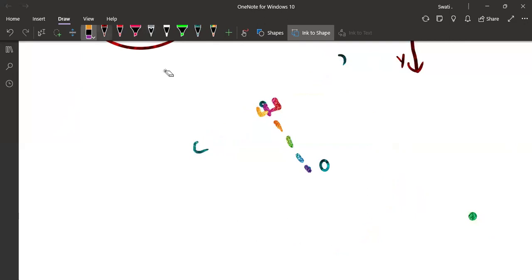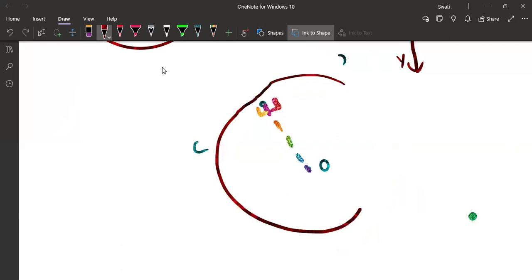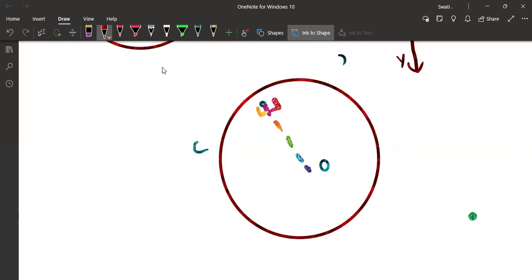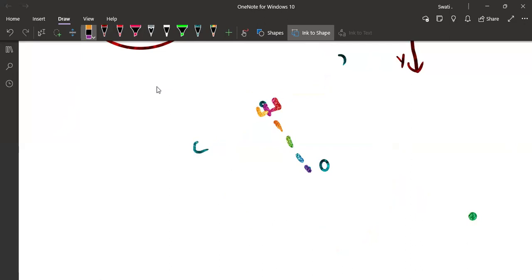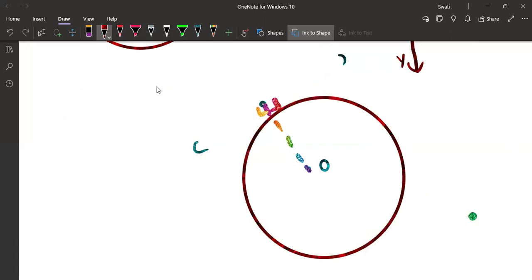Oh, okay. Everything got erased. One second. Okay, imagine that this is the center.